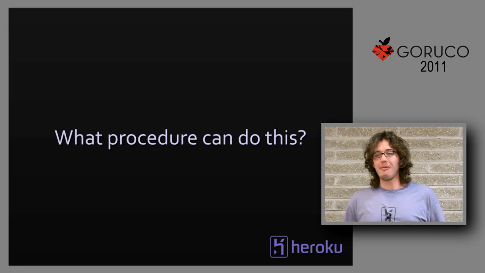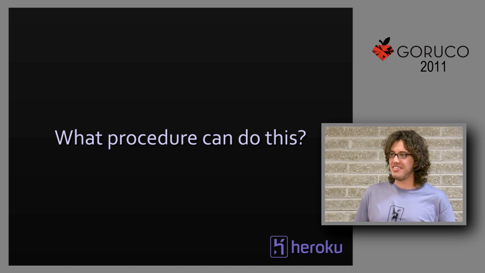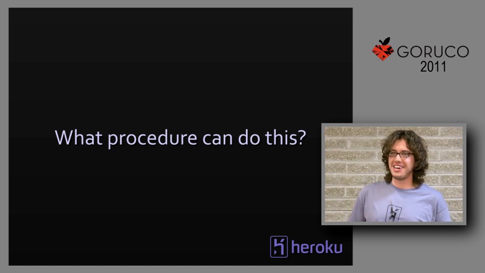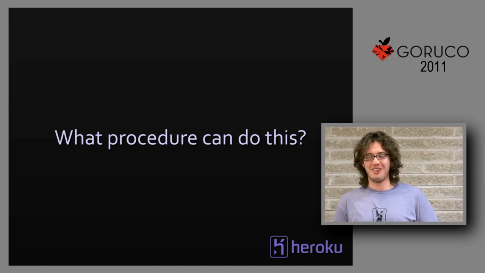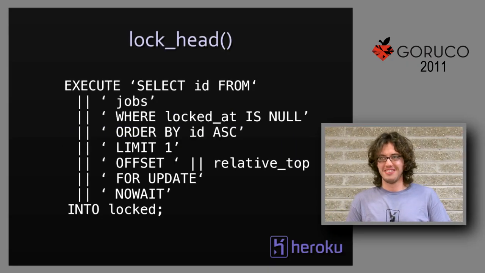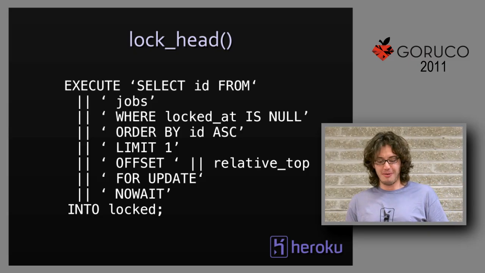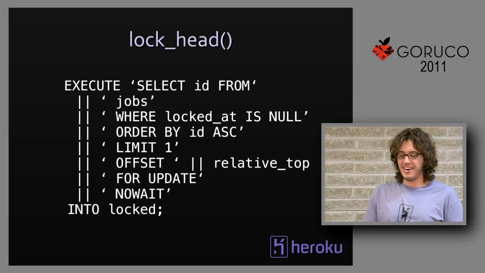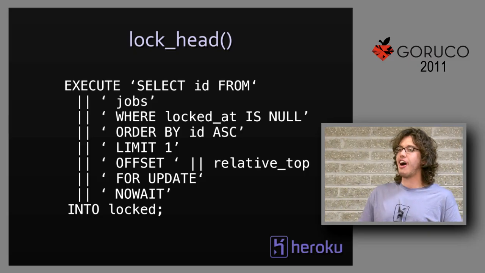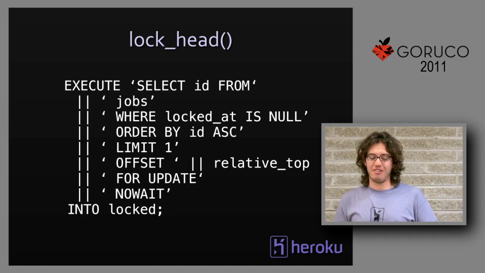Now you're probably wondering, and rightfully so, what procedure can do this? What does the code look like to give us this concurrent system? This procedure is the answer, so let's pick this apart. I call this operation lock head. This is the function in my system that I use to accomplish all this.